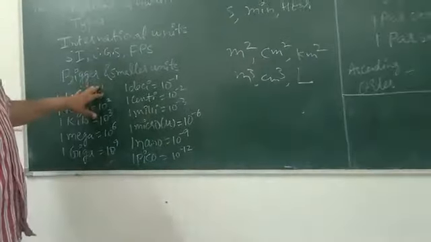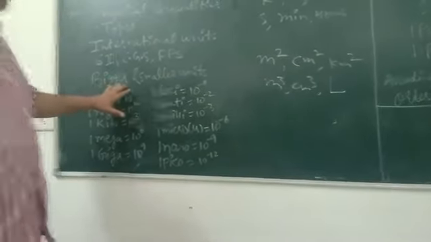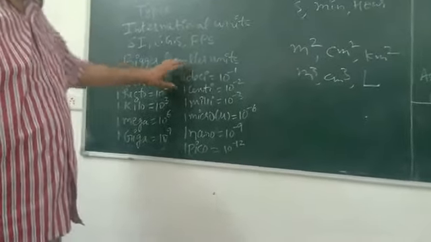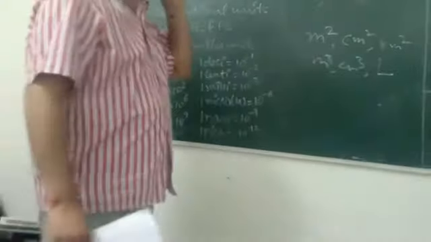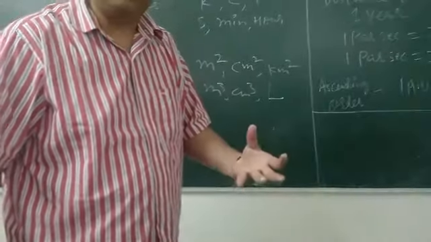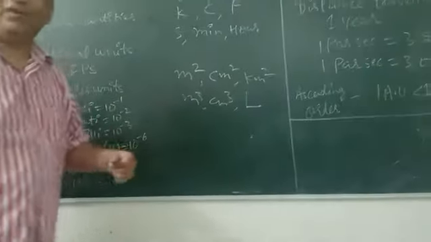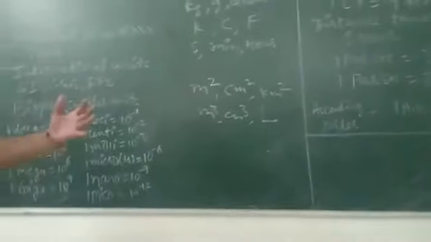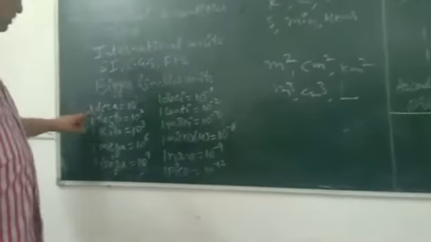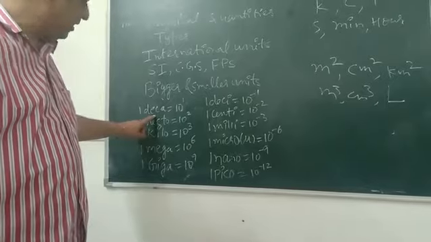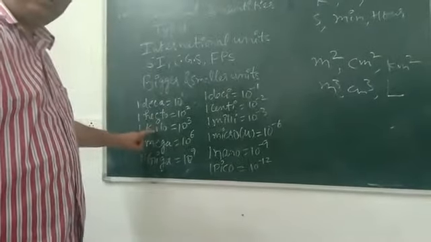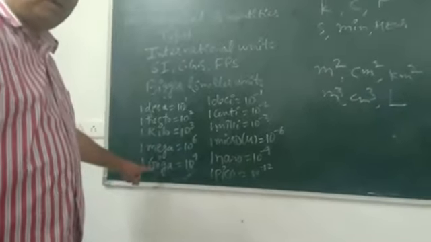So then we have bigger and smaller units. So these are some prefixes that I have written for you. You must have heard like kilometer. Now what is the meaning of kilo? Kilo is a prefix. So let's look at some more prefixes. We have, you studied in mathematics as well, deca, hecto, kilo, mega, giga.